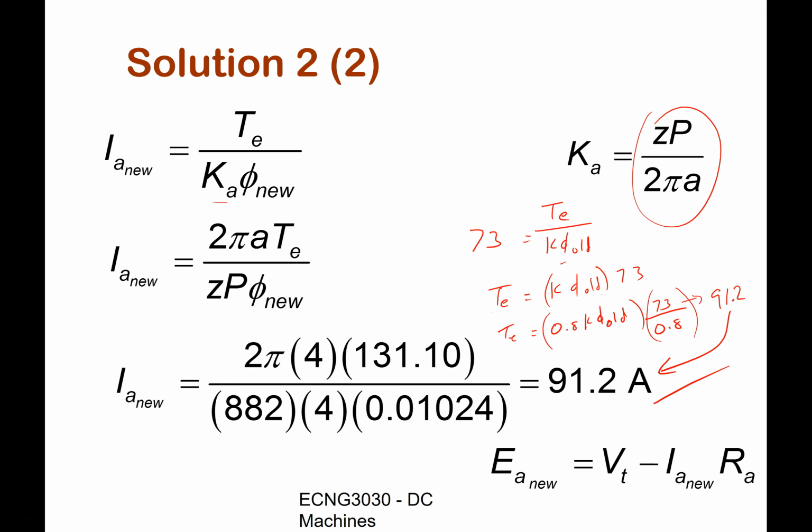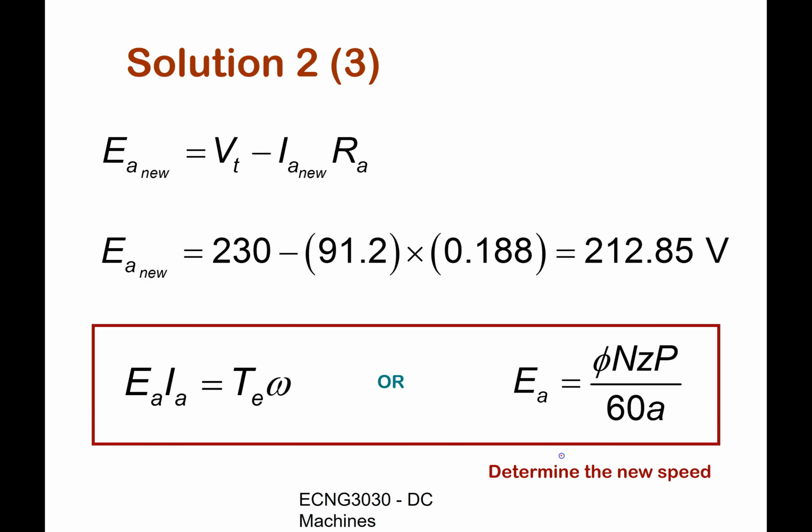Once I have that, I could go ahead and find my new EA, because I have the same 230 volts, the same, I think it was 0.188 ohms, and I have now my I new. So I could calculate EA new, and that gives me 212.85 volts.